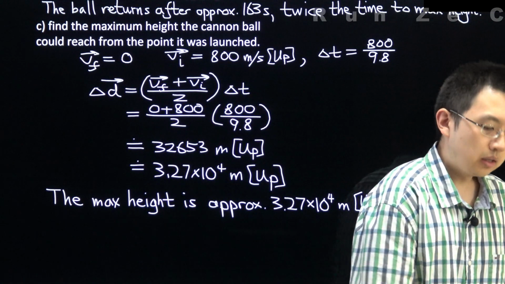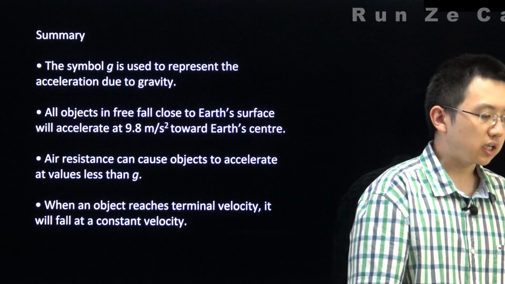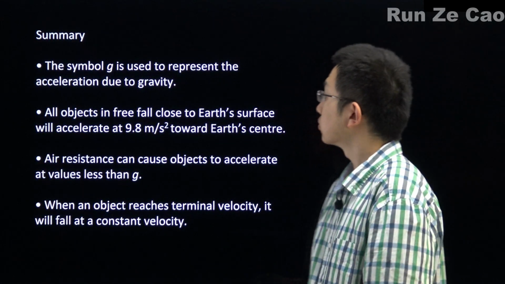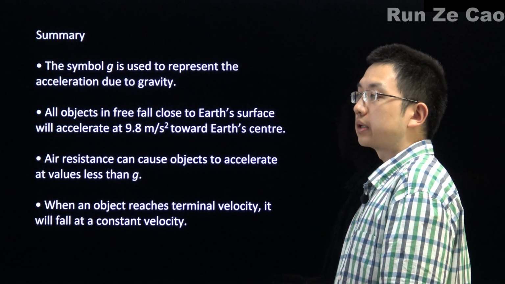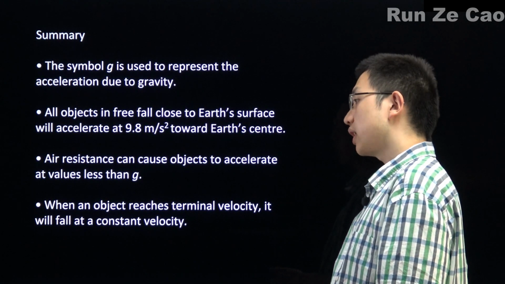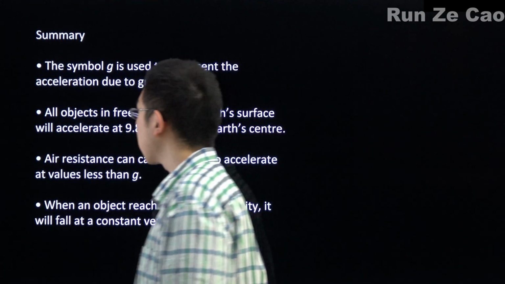All right. In summary, we use the symbol g to represent the acceleration due to gravity. Now, yes, if we're representing gravity as a force and so on, we give it a direction. That direction is downward.